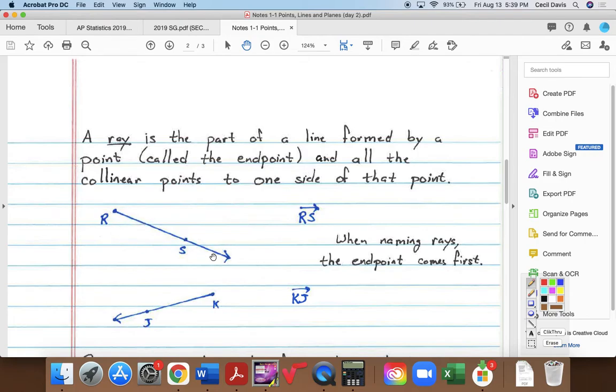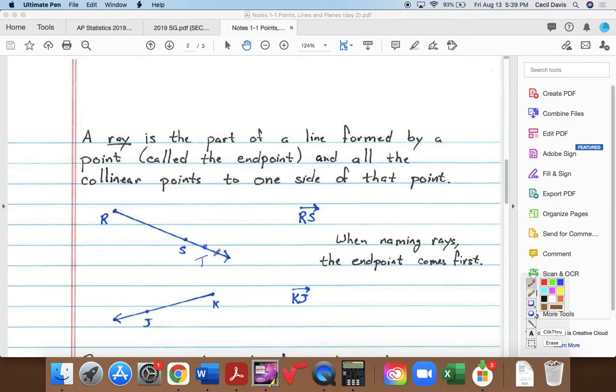Rays are always straight. When we name them, we always name the end point first, and then we name one other point to tell the direction that it's going. So we could call this ray RS. What if it has more points than that on it? What if it also has a point over here, T? Doesn't change anything.